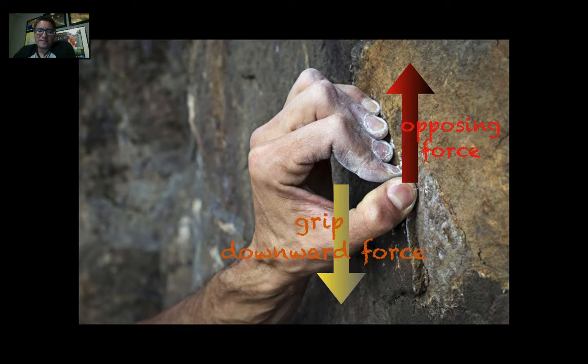So in terms of physics, the part that's keeping you on the wall or keeping you up is the wall actually pushing up against you. Your gravitational pull is pulling you down, but the wall has an opposing force pushing you up. On top of that, you can see in this example that this rock climber has a lot of chalk on their hands.